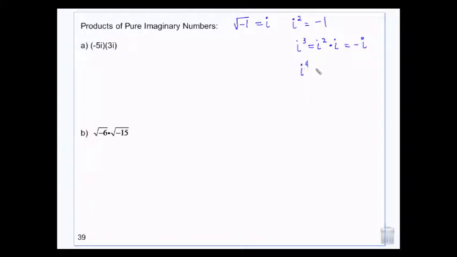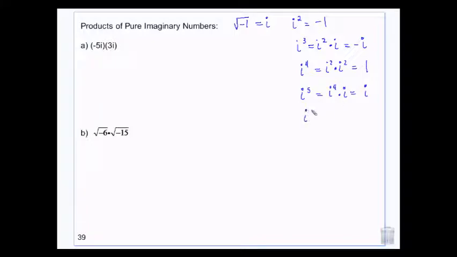And i to the fourth, well, that's i squared times i squared, which is negative 1 times negative 1, so that's positive 1. And i to the fifth, that's i to the fourth times i, so that's positive i. And then that's the pattern.